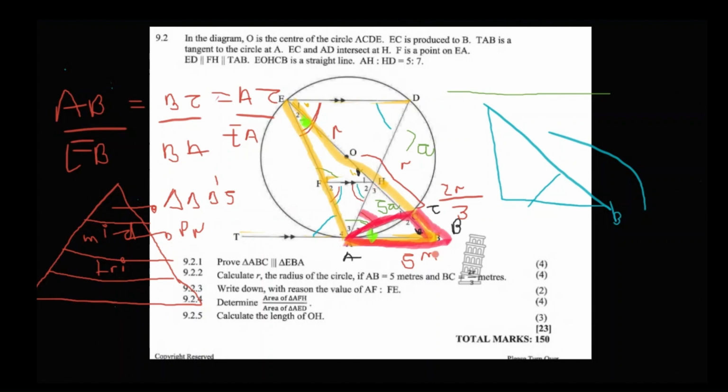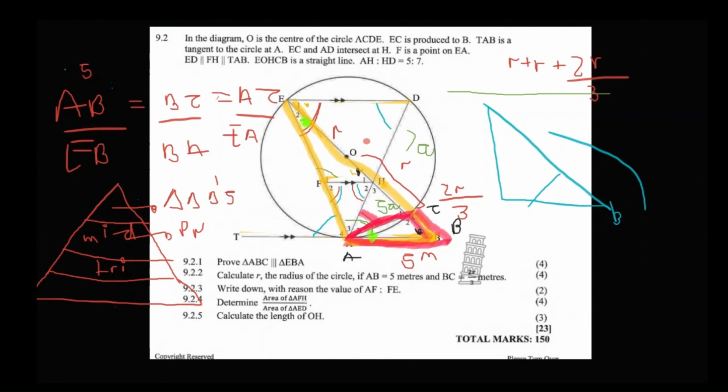AB is 5 meters. So we have a value for AB, it's 5 meters. What about EB? What is EB equal to, guys? EB is this entire line. It's literally OE plus OC plus CB. So it's R plus R plus 2R over 3, right?